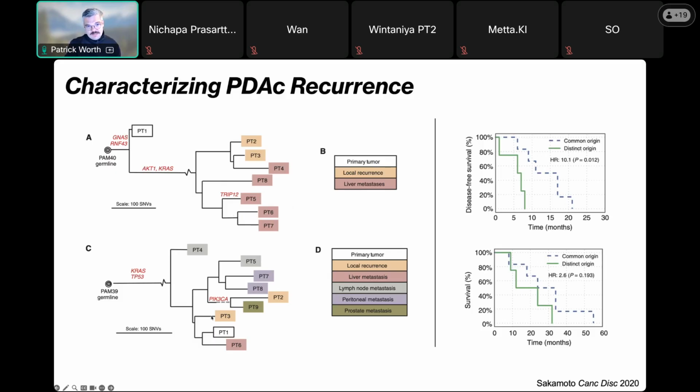Whereas in C, you see that the primary tumor mutation is much deeper in this phylogenetic tree than these other mutations that occur both in lymph nodes, but also in the local recurrences and liver metastases as well.